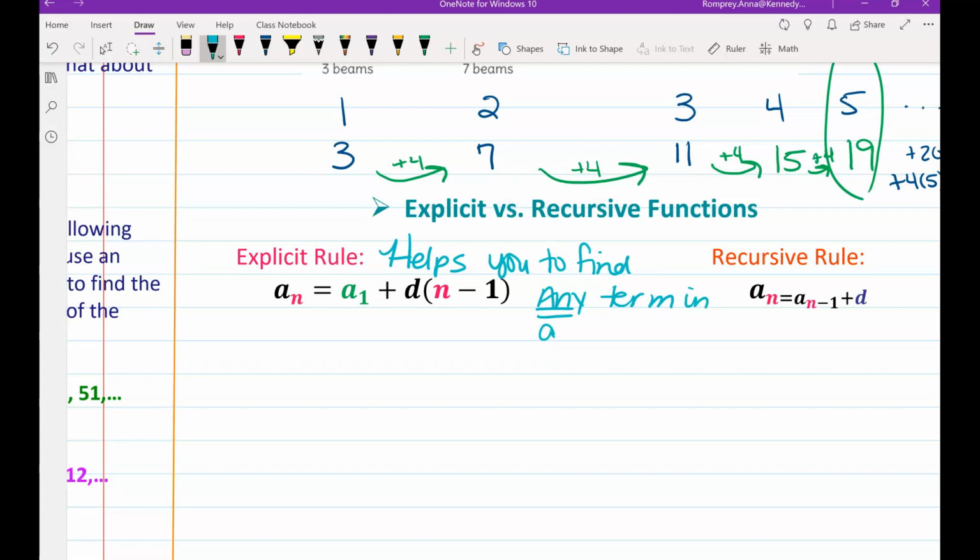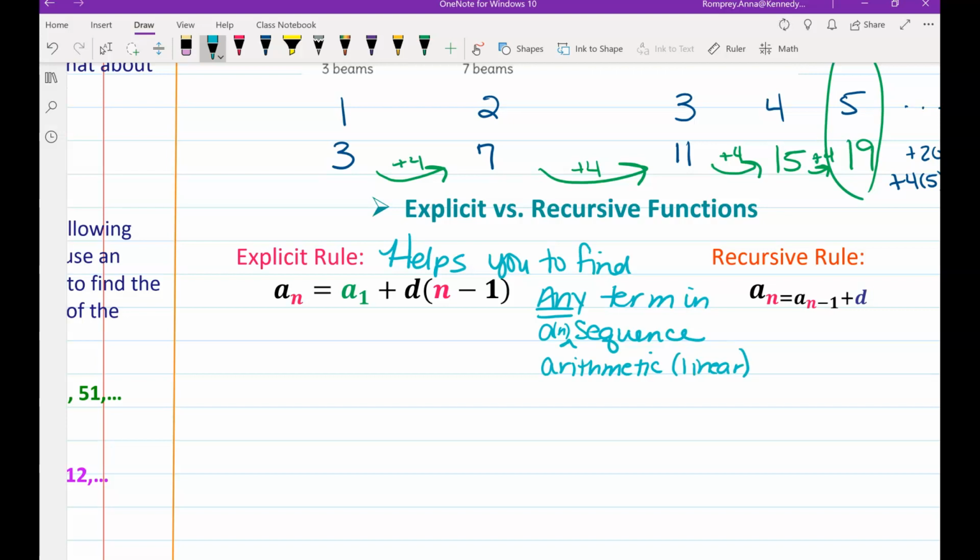Really in an arithmetic sequence. Just a fancy way of saying linear.